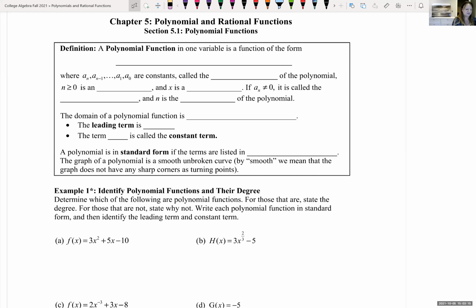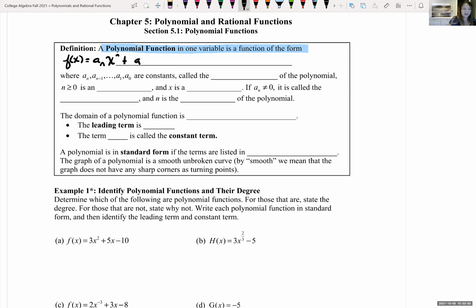So the definition in front of us states that a polynomial function in one variable is a function of the form f of x equals a sub n, so that little subscript n, x raised to the nth power, plus a sub n minus 1, x raised to the n minus 1 power, plus dot, dot, dot.